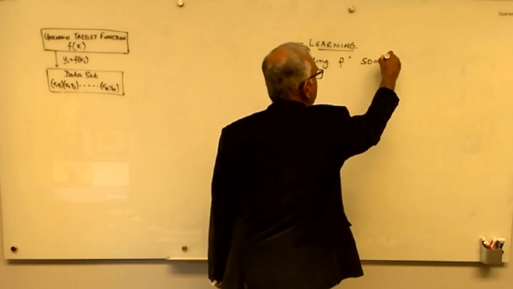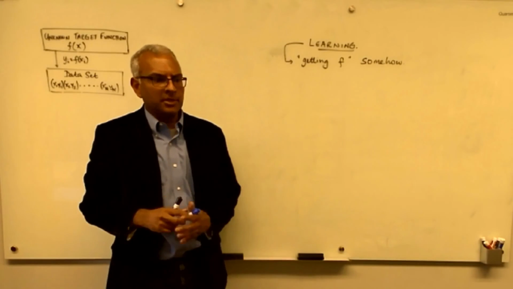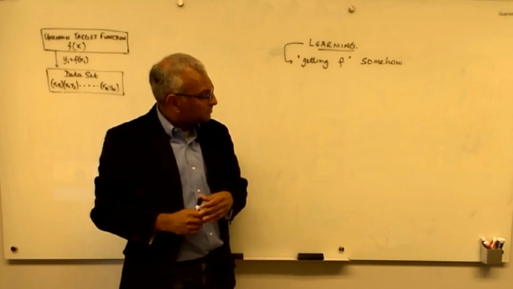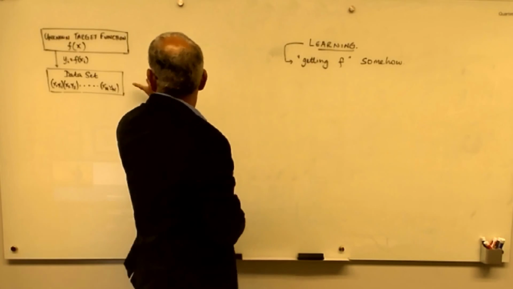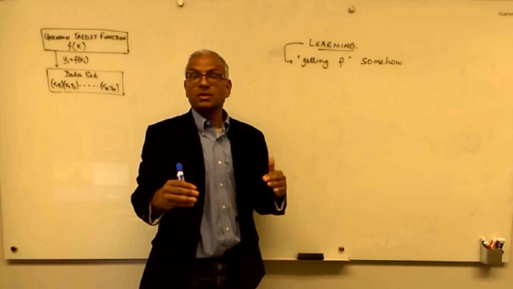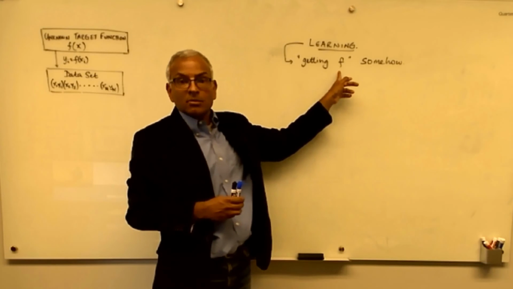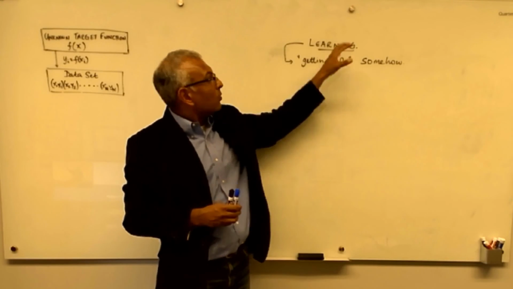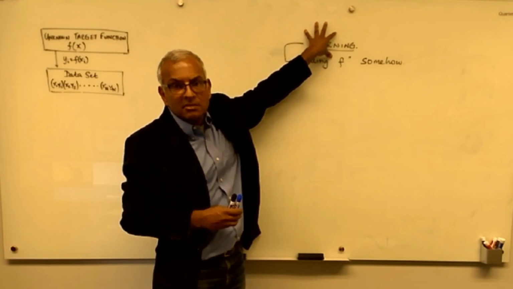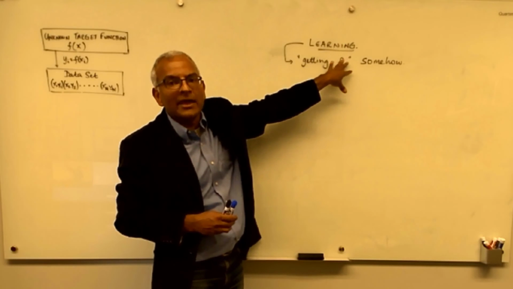Somehow. Now, how do we get f? Well, if we could get f exactly from the data, that would, in almost any case, be a miracle. So in general, we're going to assume that we're not going to produce f. Okay? So whatever learning means, the result of the learning is going to be an approximation to f.